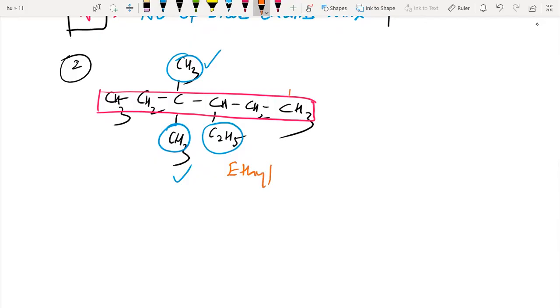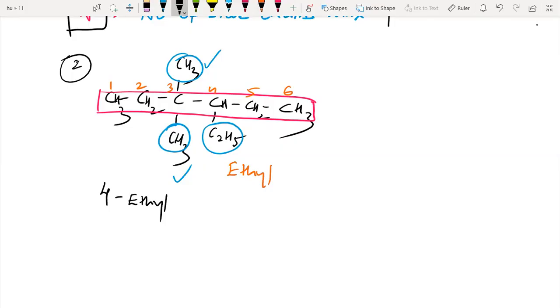In example number 1, I said ethyl should get the minimum number, but here the more branched carbon should get the minimum number. And that's why we'll start numbering from the left side: 3, 4, 5, 6.